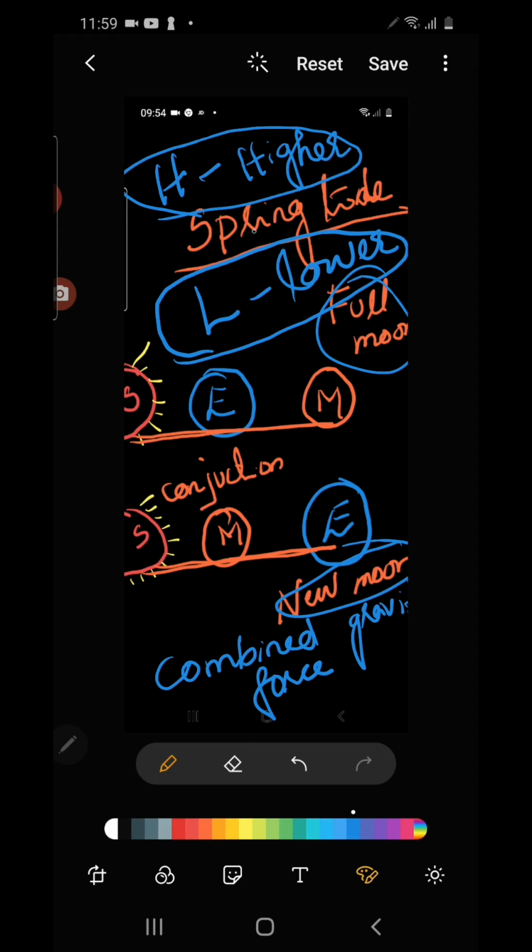This particular phenomenon is known as spring tide. So when does spring tide occur? Spring tide occurs twice in a month. Which are the days? Full moon day and new moon day. Understood? Next we see what is neap tide.